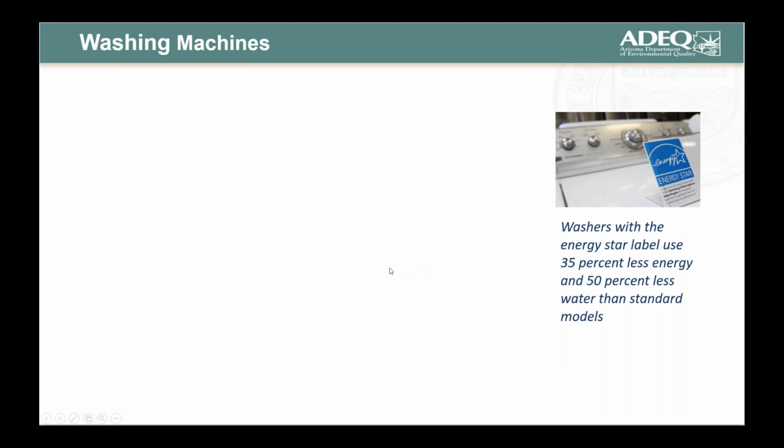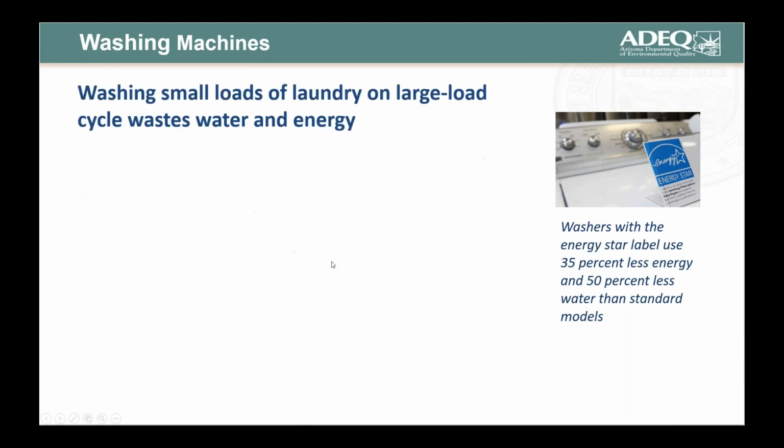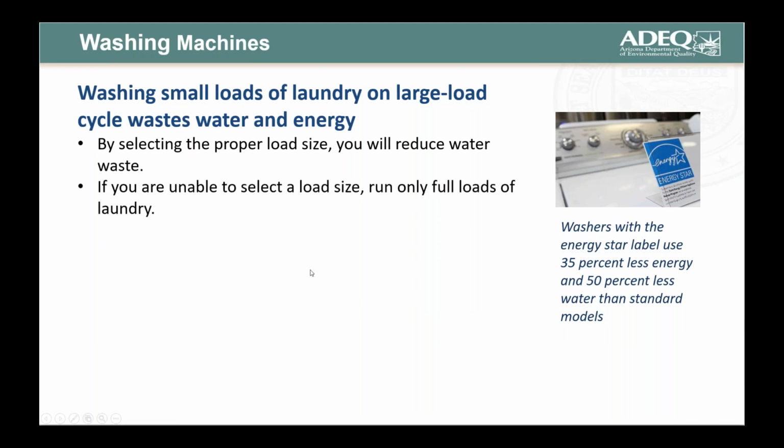Washing machines: washers with the Energy Star label use 35% less energy and 50% less water than standard models. Washing small loads of laundry on the large load cycle wastes water and energy. So by selecting the proper load size, you will reduce water waste. If you're unable to select a load size, run only full loads of laundry.